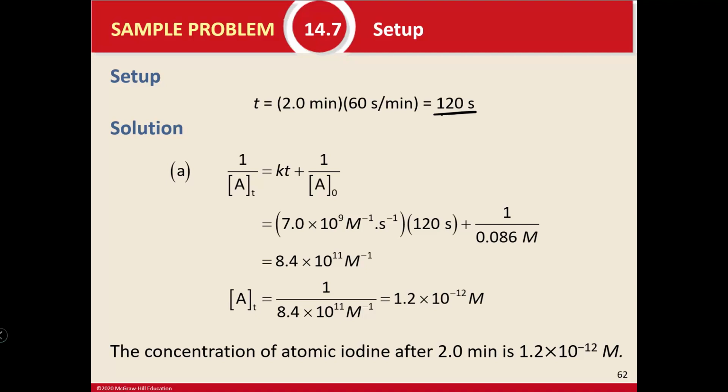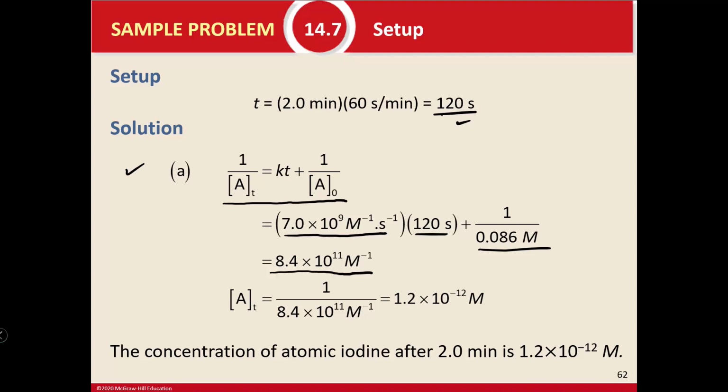We know this is the second order equation, and you're going to memorize it. We know that k, the rate constant, times the time that we just calculated, plus 1 over the initial concentration, gives us this number here.